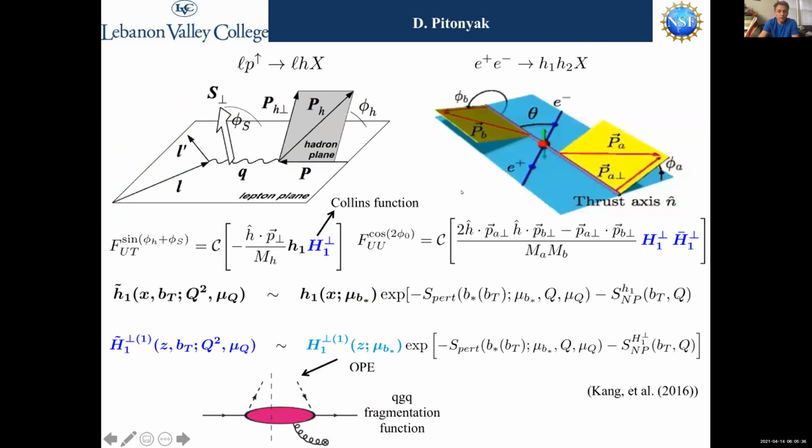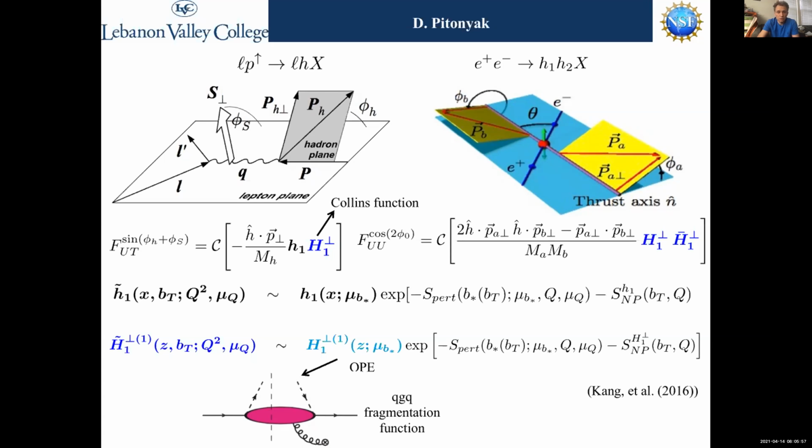In order to access transversity via TMD measurements, it has to couple, for instance, through the Collins function, and then it produces the sin(φh − φS) asymmetry in SIDIS. Collins functions can be accessed also in e+e−. The convolution of 2 Collins functions would produce a cos 2φ asymmetry.